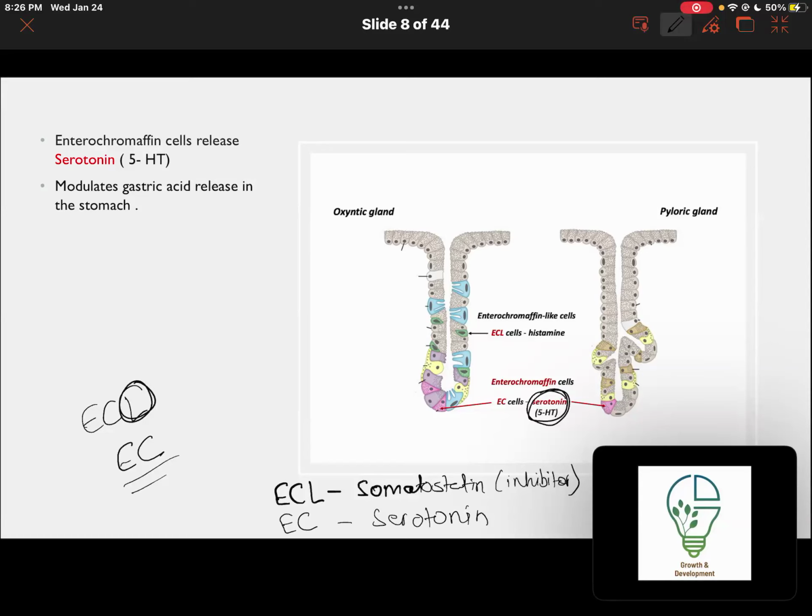And this 5-hydroxytryptamine, serotonin, also modulates gastric acid release in the stomach. It doesn't always inhibit it, but it also regulates it. And there's a whole pathway about this. It's called the calcitonin gene-related peptide pathway, and we'll study about that in the next few slides. So for now, just remember that ECL and EC are not the same cell. They're different cells that produce different things and have different functions. The pink one, which you see here, is an enterochromaffin cell. The green one over here is an enterochromaffin-like cell.